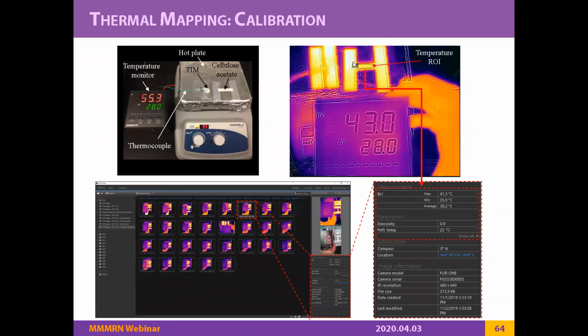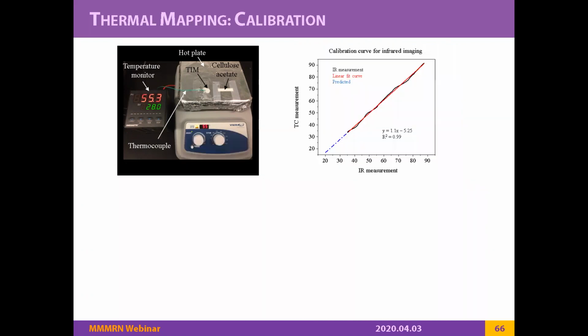Then we matched the result from our IR camera and IR software with the temperature reading shown on the temperature control device. That helped us build this calibration system. Later, we did not just take the IR result for granted. We normalized those results based on this calibration curve, which made sure that the results you're looking at are not dependent on the emissivity.